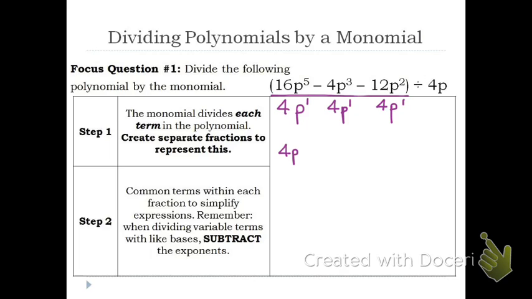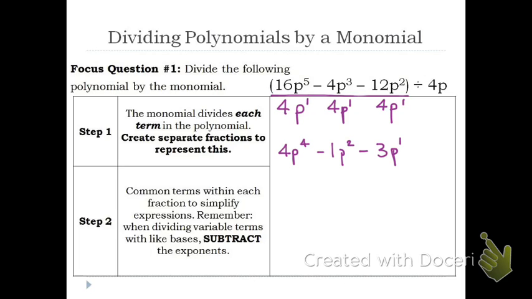4p to the 4th power minus 4 divided by 4 is 1, p subtracting we get squared, and then if we simplify the last part, we have minus 3p to the subtracting and get first power. And then of course I want to make sure that we include the fully simplified answer.